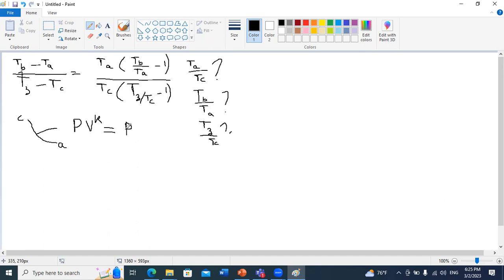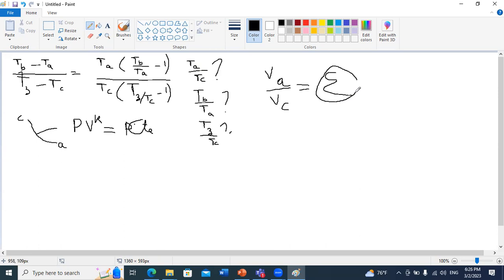Why do I need to keep the volume here? Because I have the ratio VA over VC, and I know that VA over VC is epsilon. Because of this, I want to relate the ratio of temperatures TA over TC with epsilon, because my final purpose is to get everything just as a function of epsilon and K.